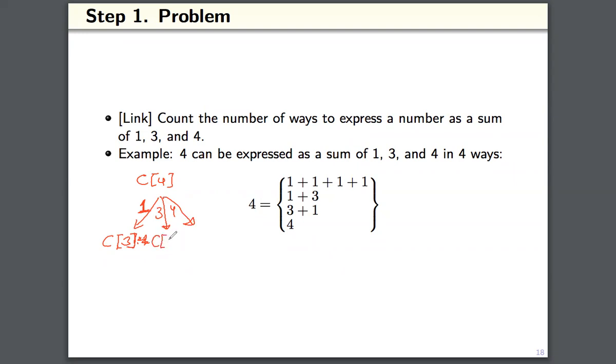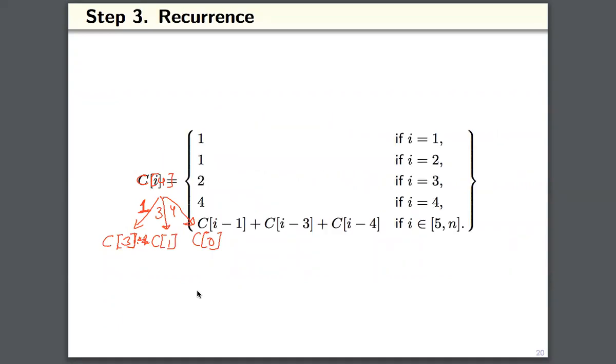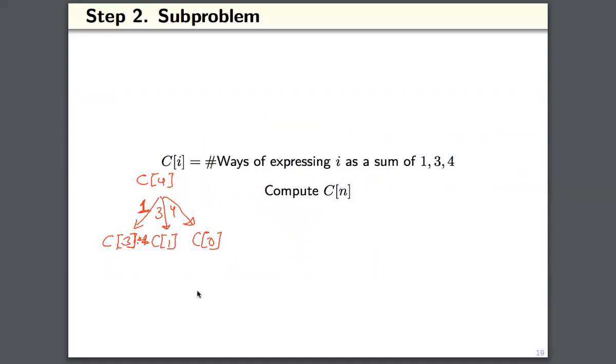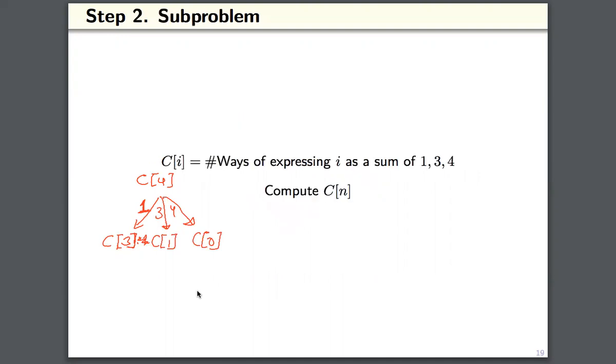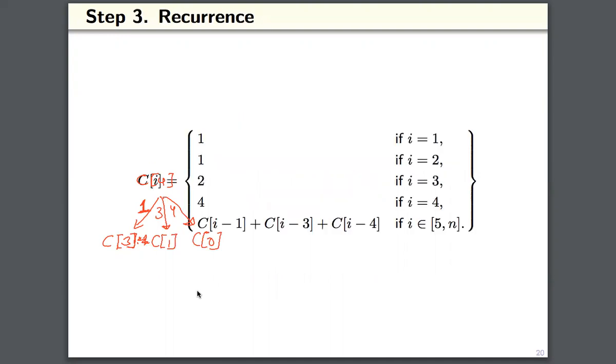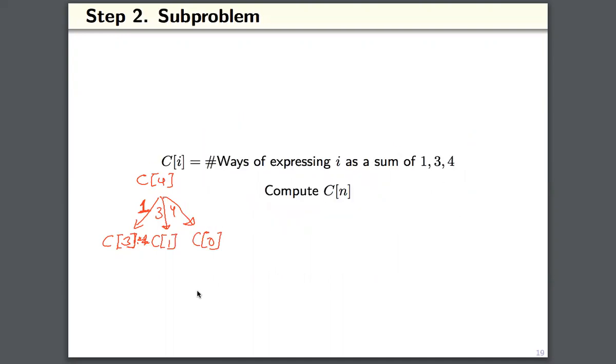So this is C of 1, and this is C of 0. C of 0 is not defined, but we could define it if we wanted. Let's say C of 0 is defined as 0.